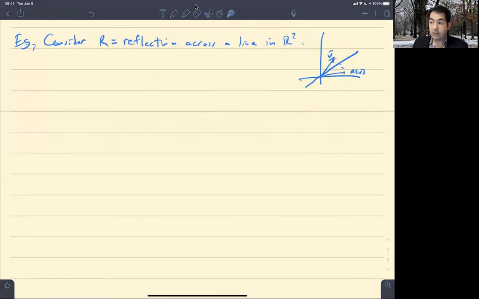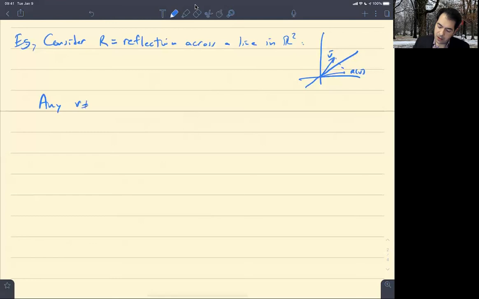So what is going to be sent to the same line? Well, there's one obvious case, which is if you pick a vector that's already on this line, right, then as long as you don't pick the 0 vector, you found an eigenvector, right? Because if you're on this line, then you're sent to yourself, so you stay on the line, right? So let's write that down.